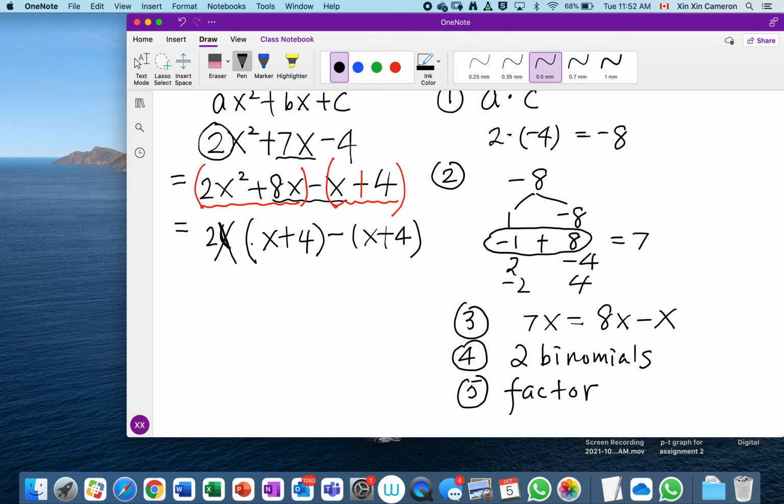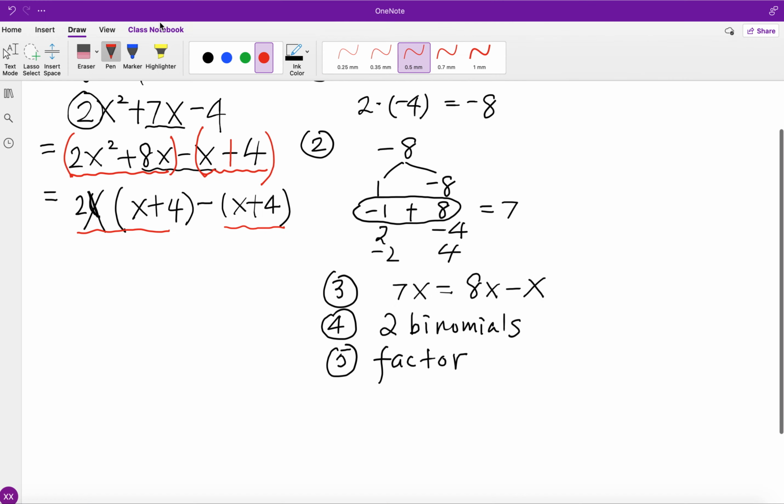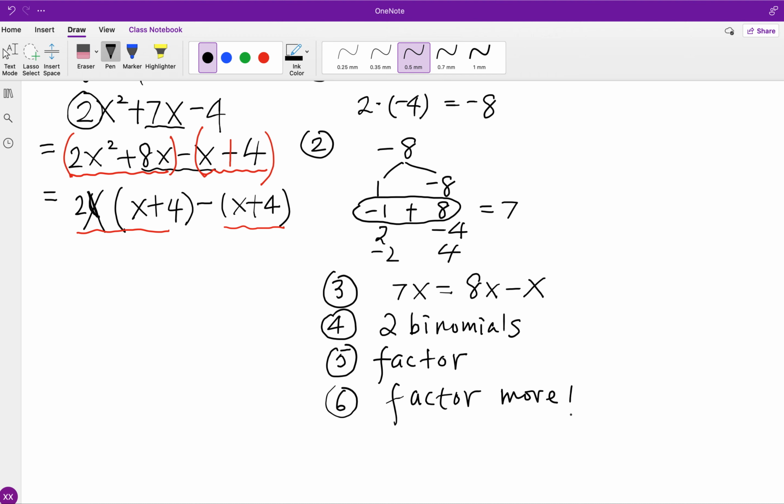Now look at this, it becomes a binomial again. This is one term, this is another term. So we're going to factor this binomial again. We pull out this x plus 4, because there's a common factor here.